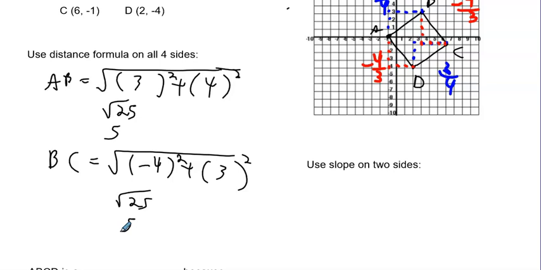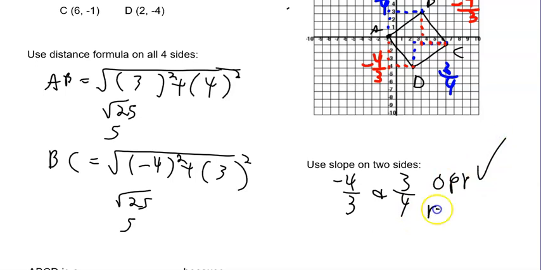Now we got to compare the slopes. We have -4 over 3 and positive 3 over 4. Are they opposite? Yep. One's positive, one's negative. Are they reciprocals? Yes, they are. 3 over 4, 4 over 3.